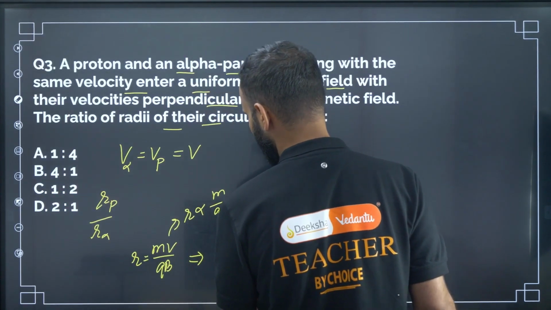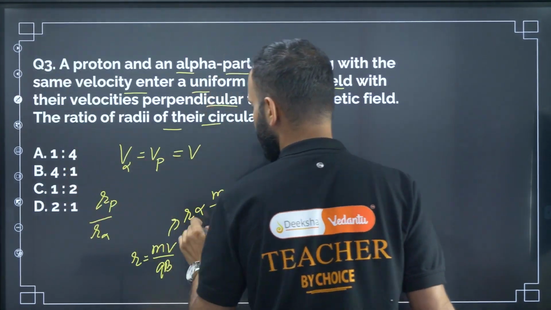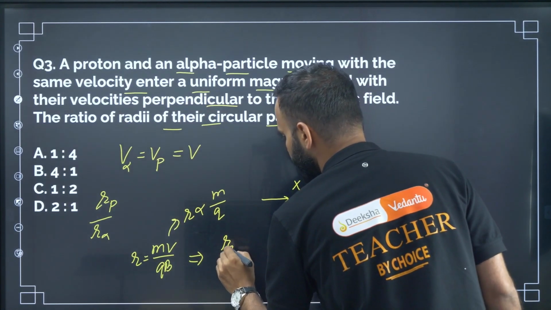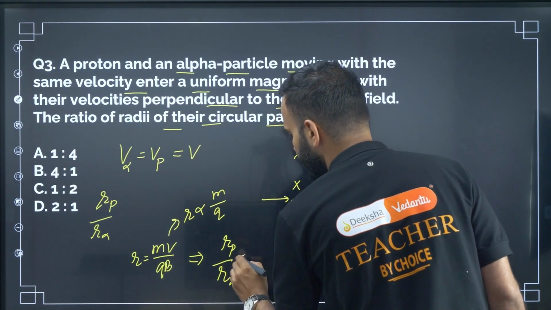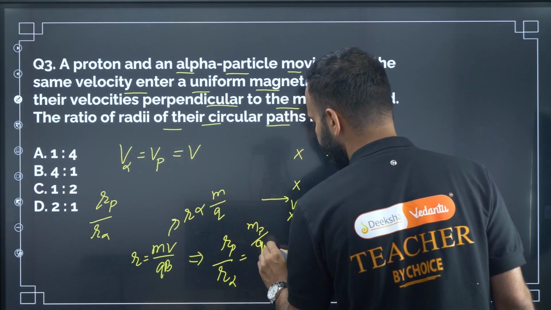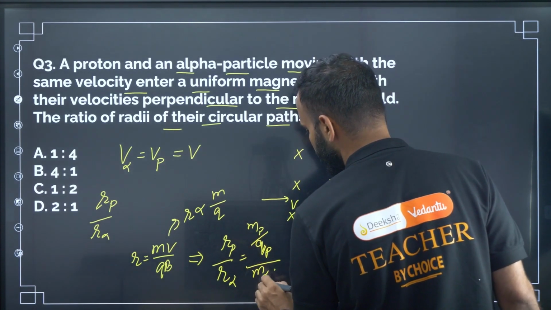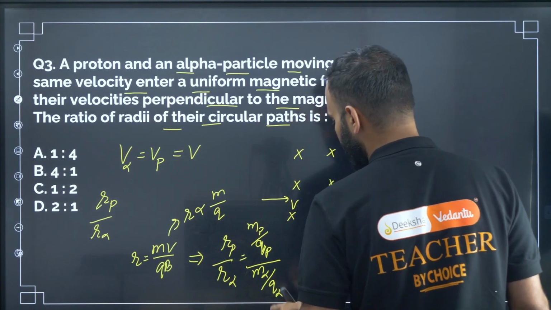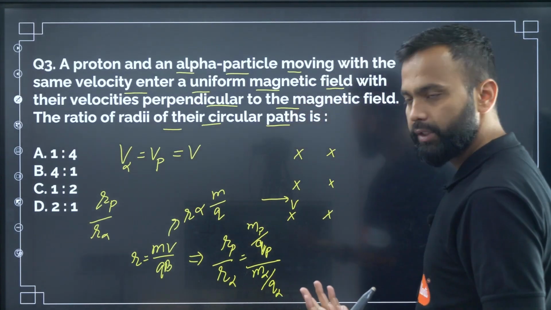Now take the ratio of rp and r alpha. rp divided by r alpha is equal to mp divided by qp, whole divided by m alpha by q alpha. m alpha is the mass of the alpha particle, mp is the mass of the proton.